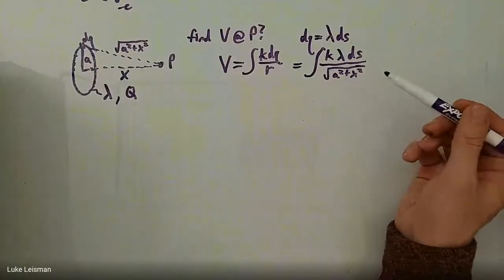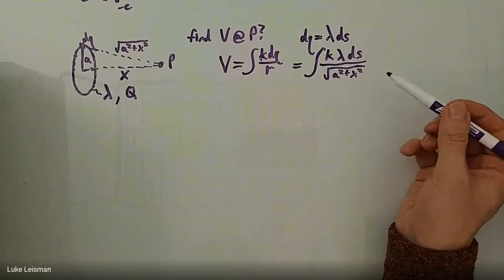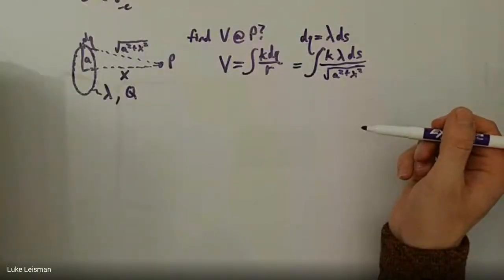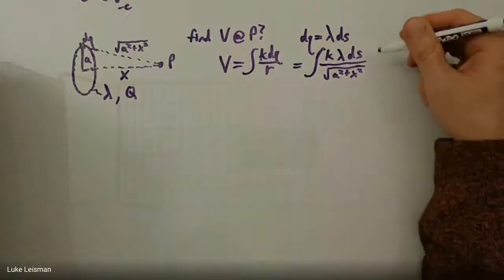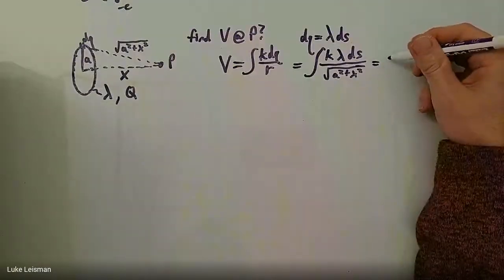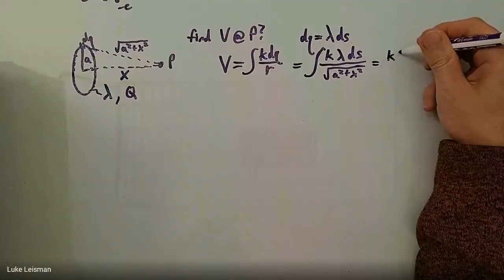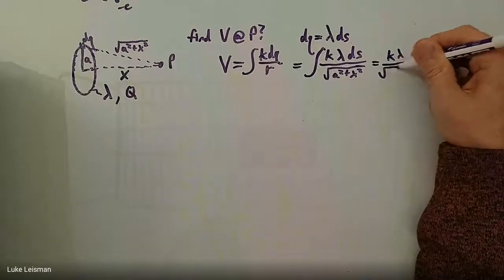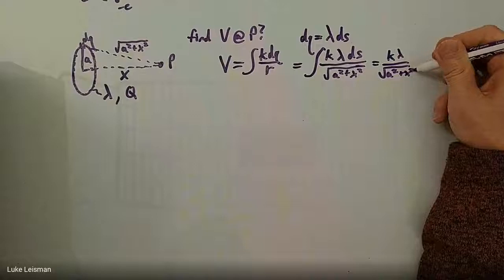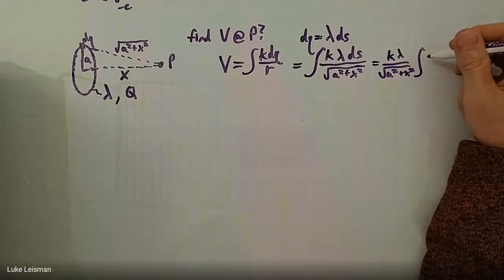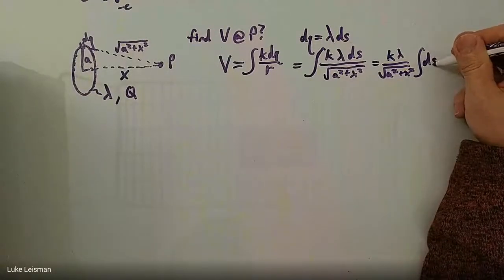This is just it. So what we can do is pull everything outside of the integral that is not an s. And so this is just going to be k times lambda over the square root of a squared plus x squared, times the integral of ds.